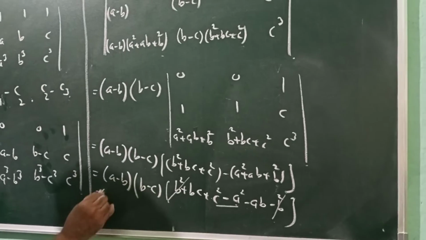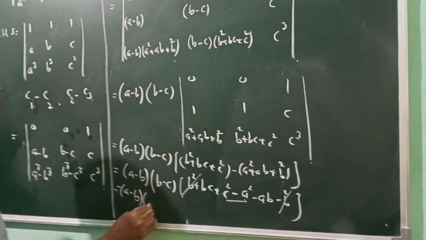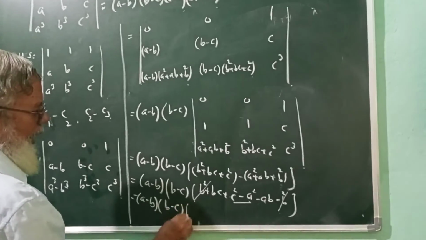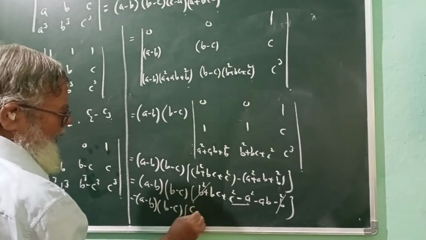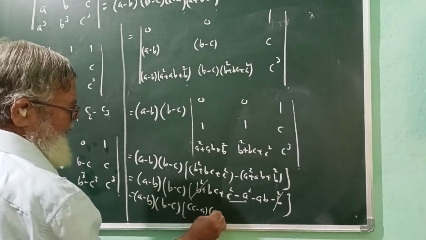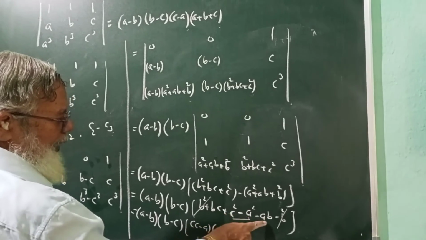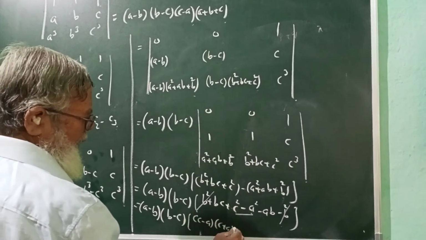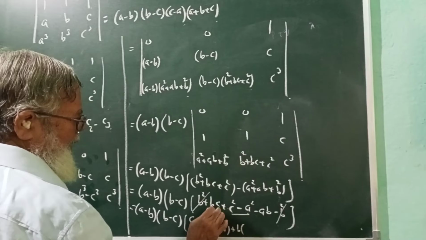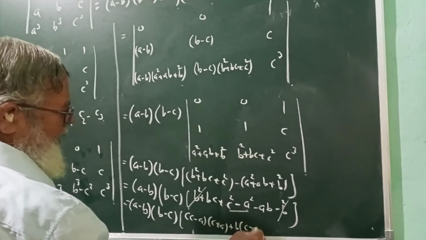So we can write this as A minus B, B minus C. After factorization it will be C minus A into C plus A. And between the remaining two terms you can see B can be taken common. It is B if you take common. Here remaining is C minus A.